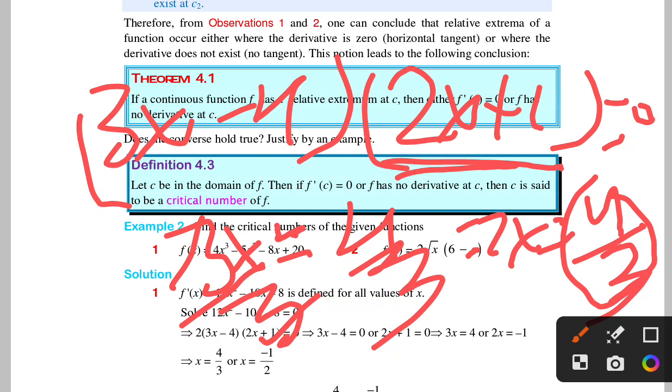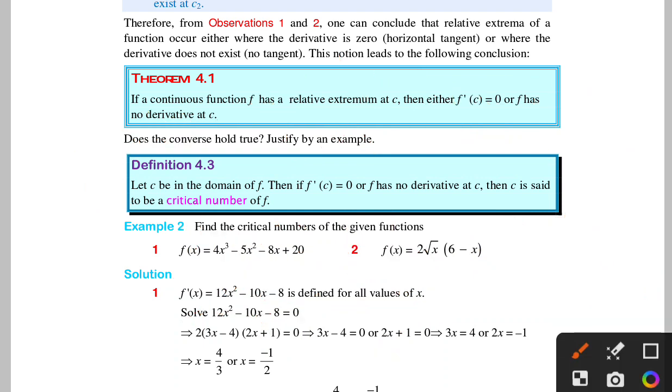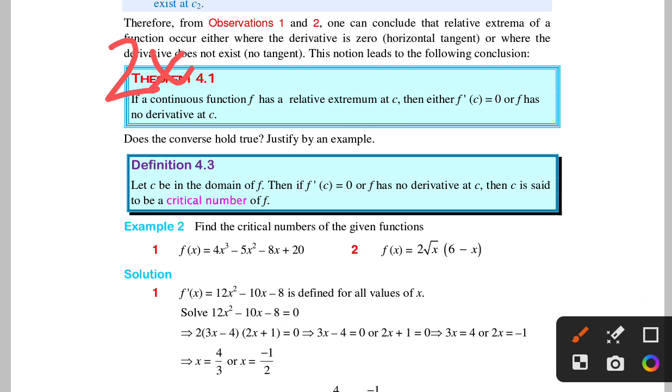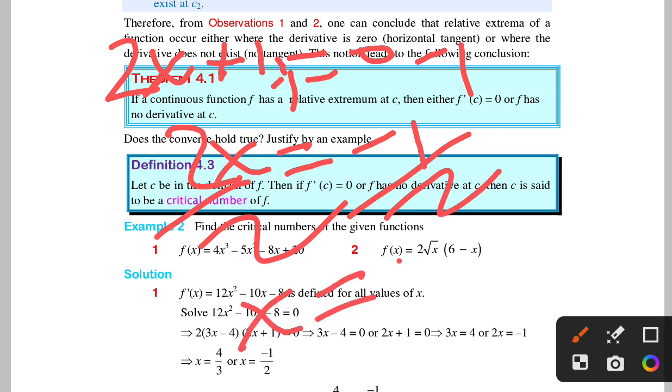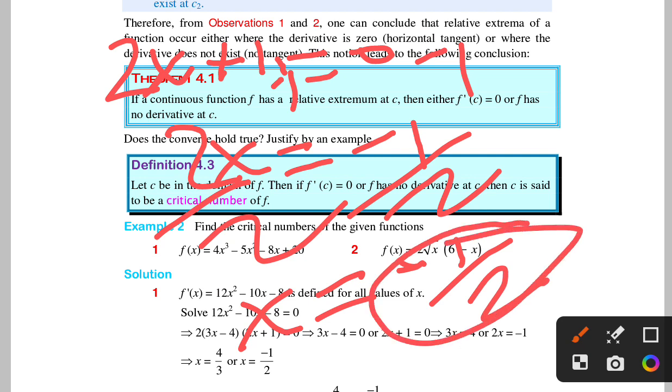Likewise, now 2x plus 1 equal to 0. 2x, we subtract minus 1 from both sides. Minus 1 we get over 2 over 2. The value left we got is minus 1 over 2, right? This is also a critical number.